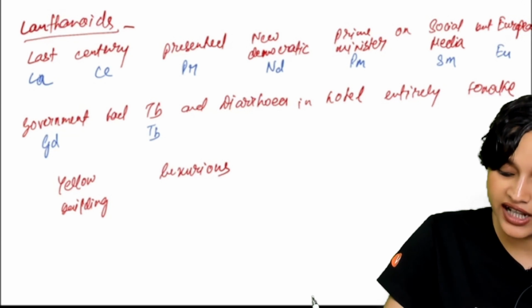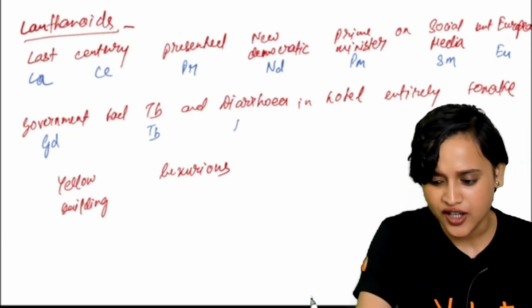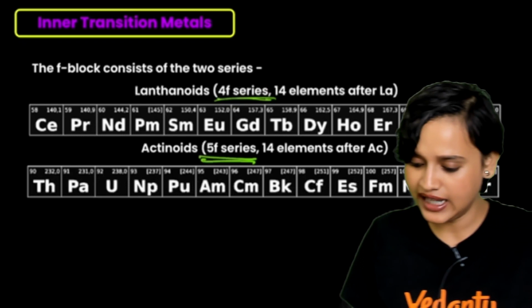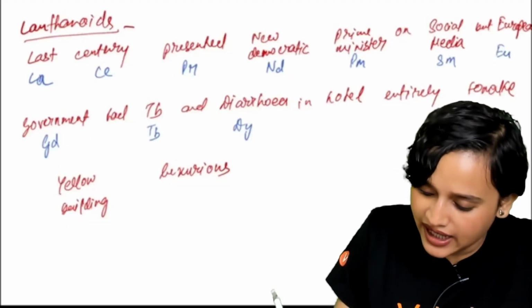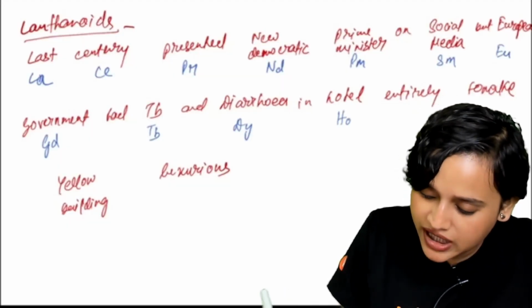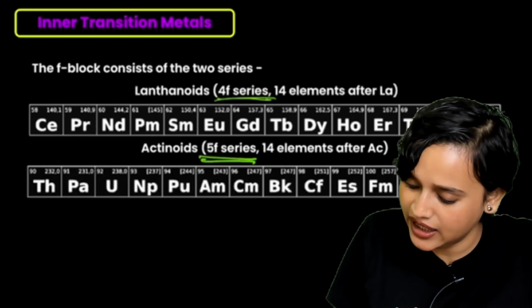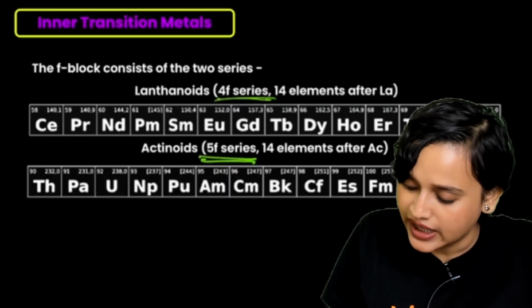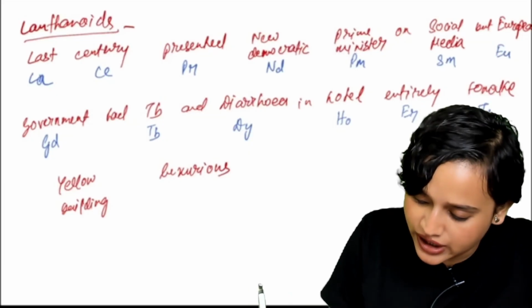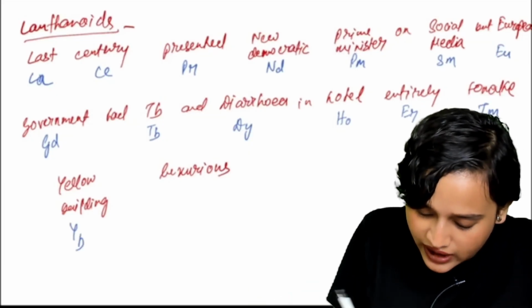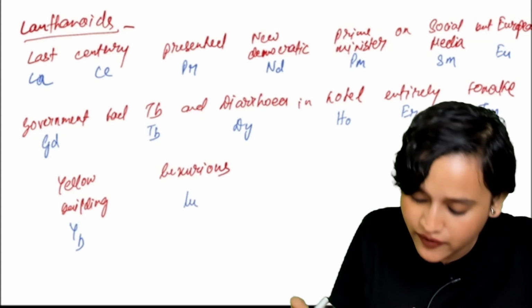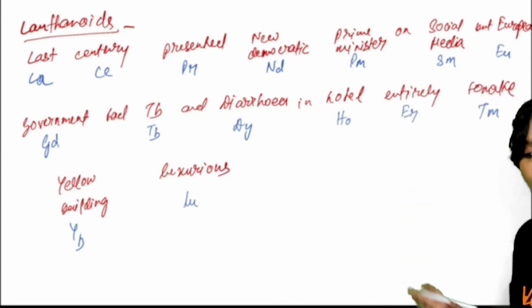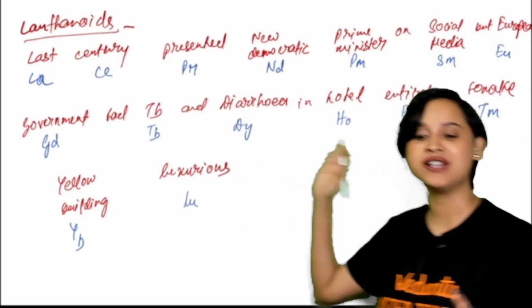Then you have dysprosium, so DY. Then you have holmium, so HO. And then you have erbium, so ER. TM is also there, so TM. Then you have ytterbium, and then finally you have lutetium. All right, so these are all the elements that you have.